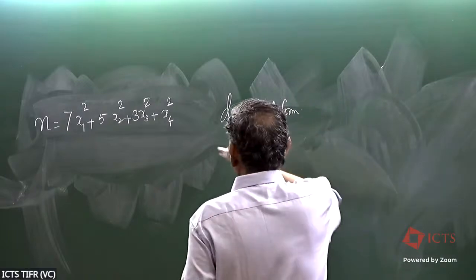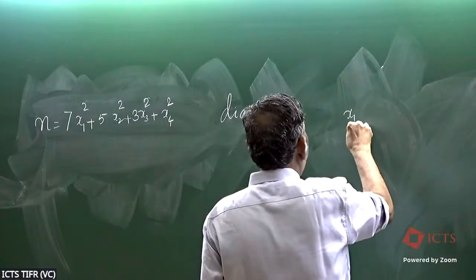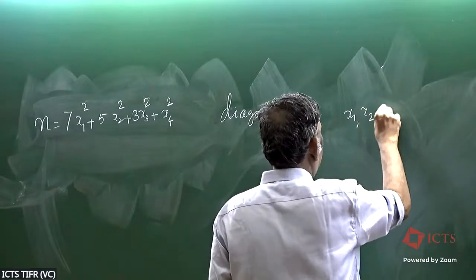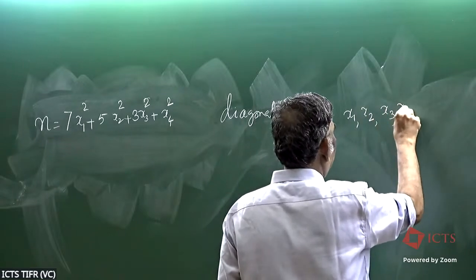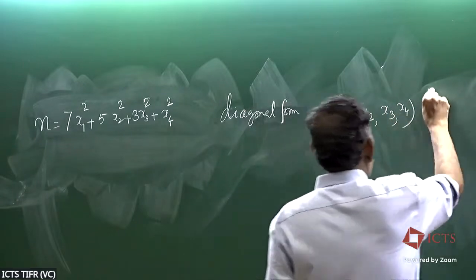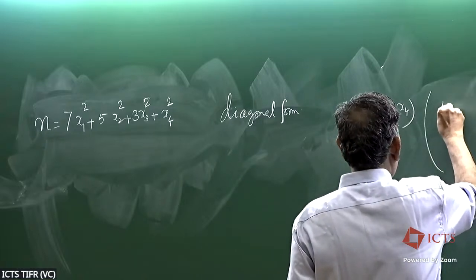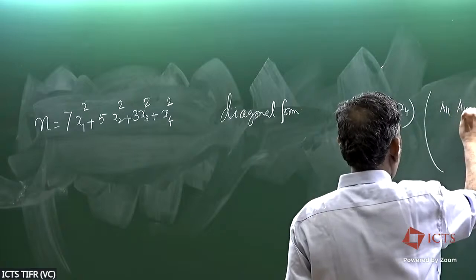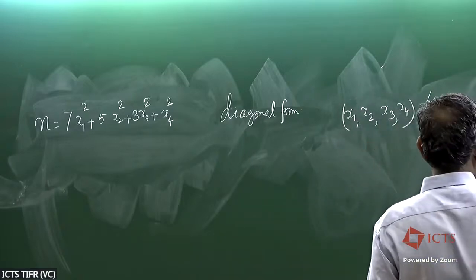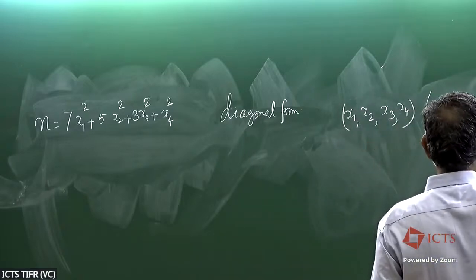First of all, any such quadratic form can be written as this vector multiplied by a 4 by 4 matrix, multiplied by this vector.